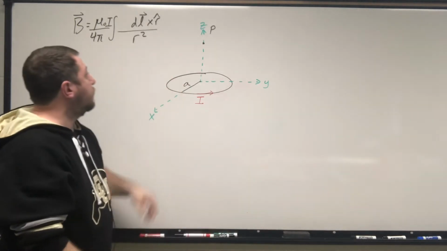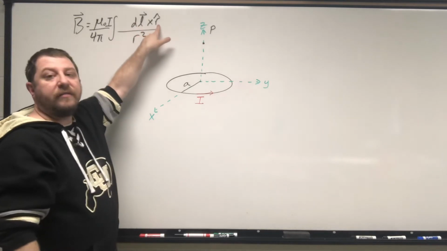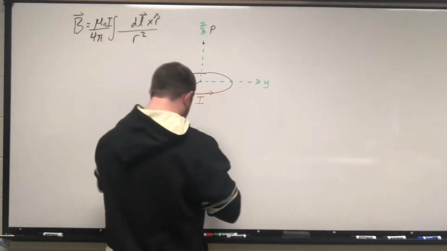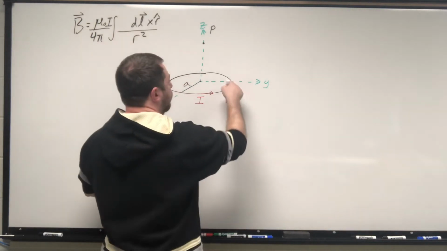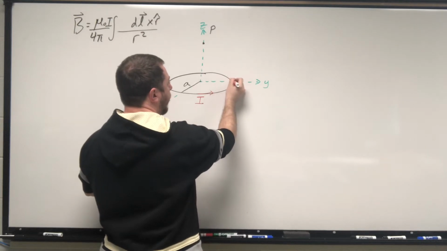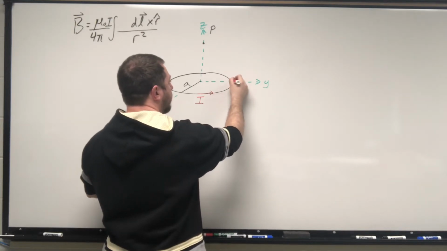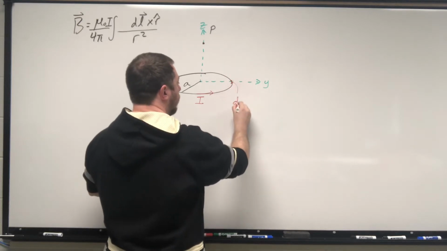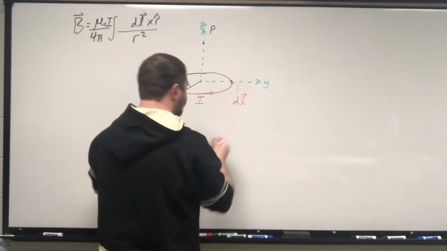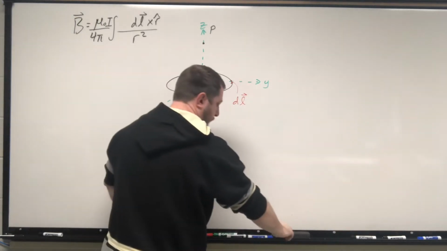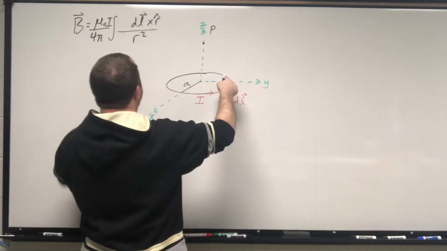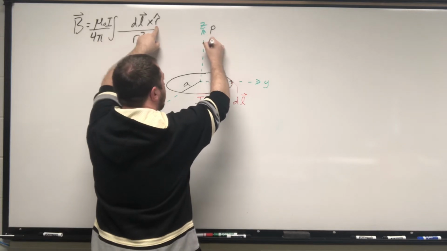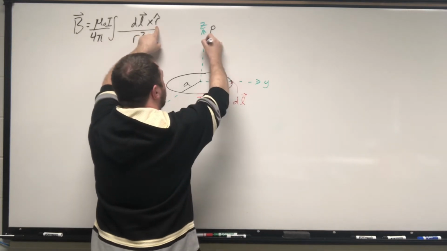So the next thing to do is to define our dl and the r hat vector. Let's go right at a point that crosses the y-axis here. Let's look at a small strip of length dl along the wire here. Then my r vector, from which I'll draw my r hat, is going to be along this line.